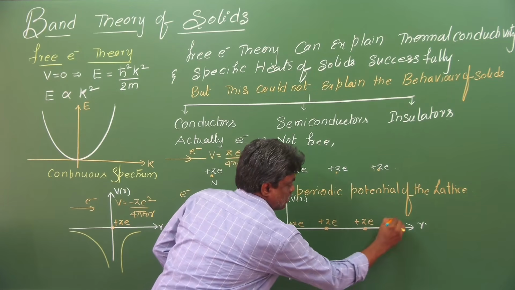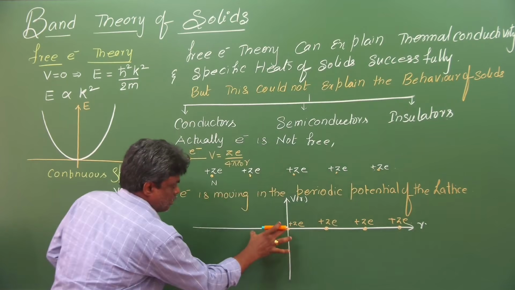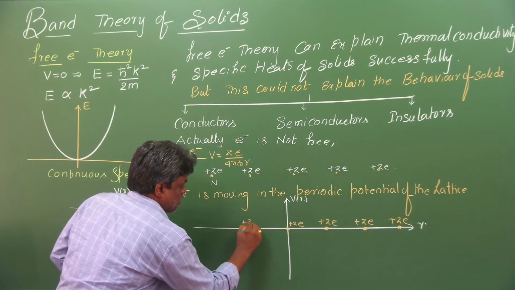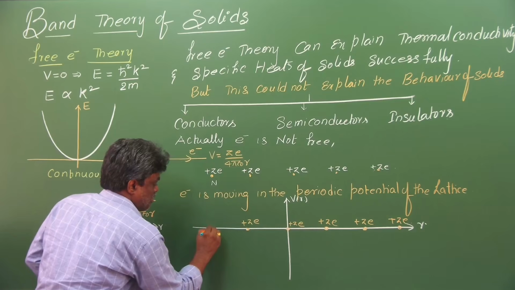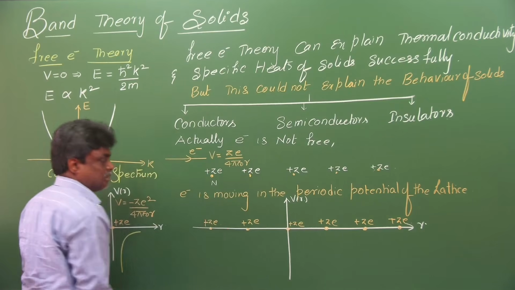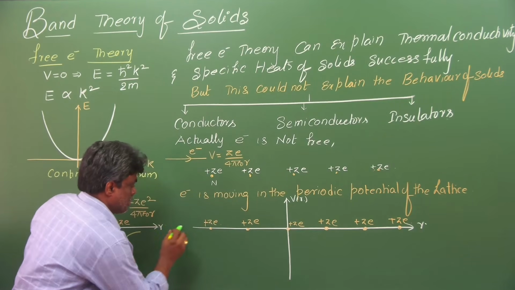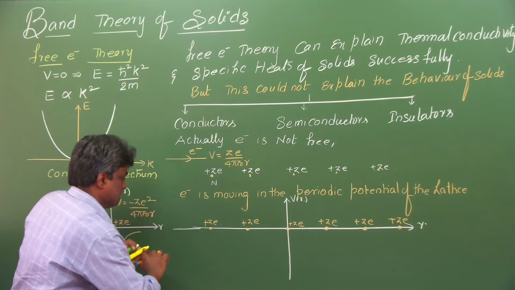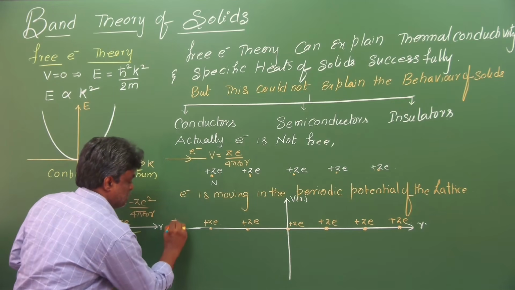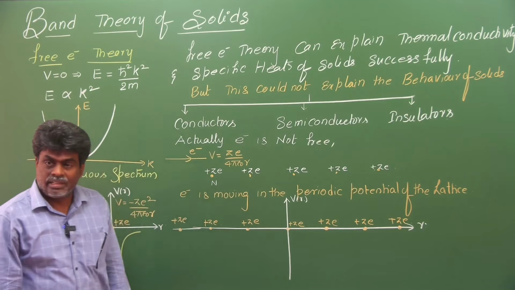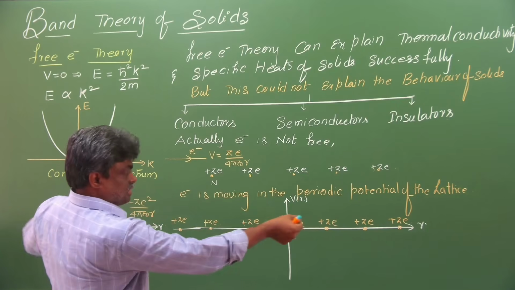This is also a positive ion core. Something like this. Now if you consider the entire lattice in one dimension, we can't draw three dimensions, in one dimension it looks like this.